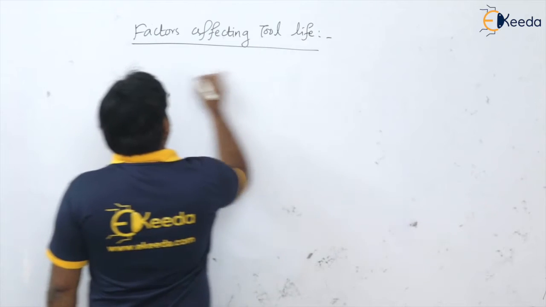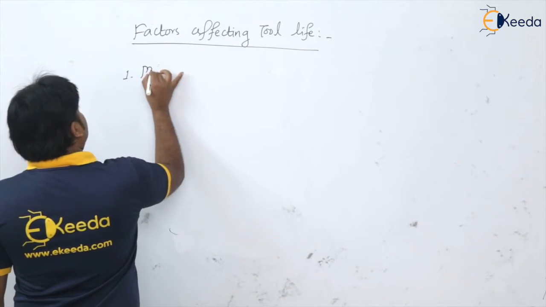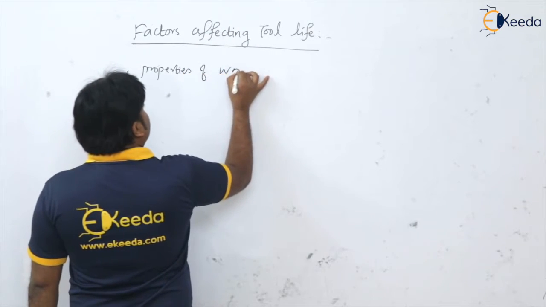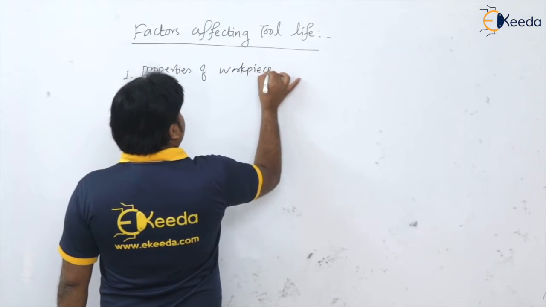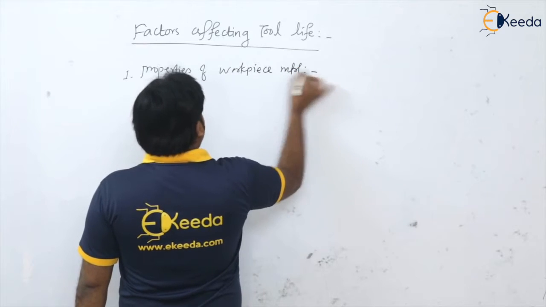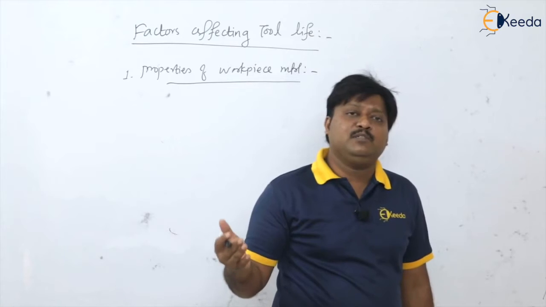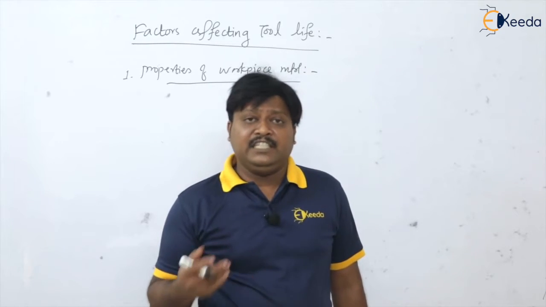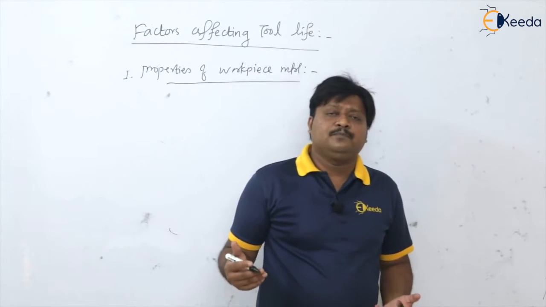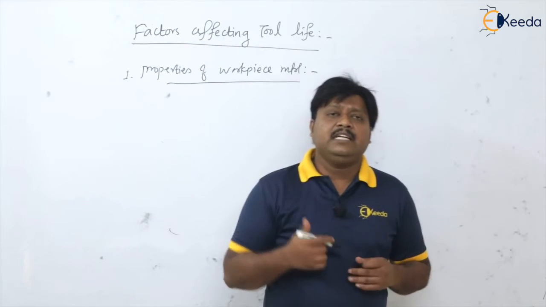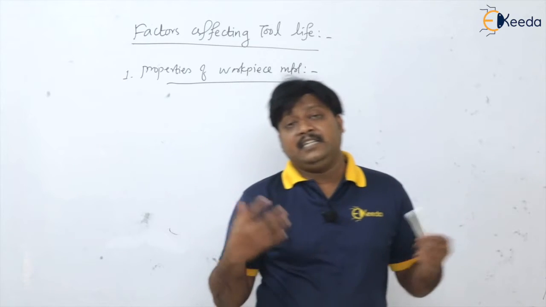So number one, we have the properties of the workpiece material. Of course, very easy. When we have a hard workpiece material to machine, then definitely we have to use a harder tool material, and of course when the workpiece is hard, the wear and tear of the tool is definitely higher.